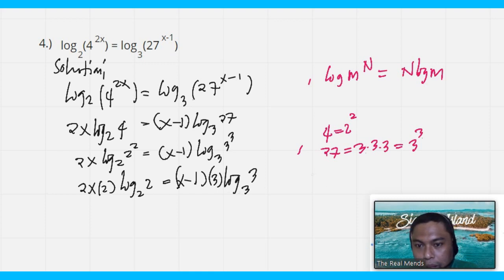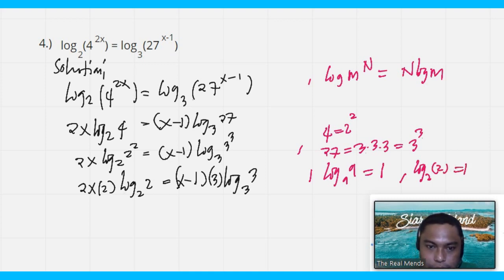And then we all know that if we have log base a of a, it is just equal to 1, or log base 2 of 2 is just equal to 1. So therefore this is just equal to 1.